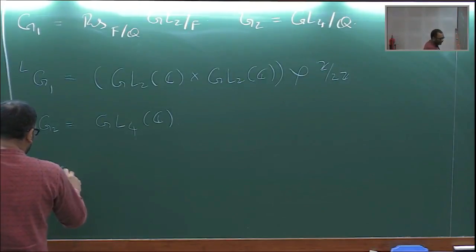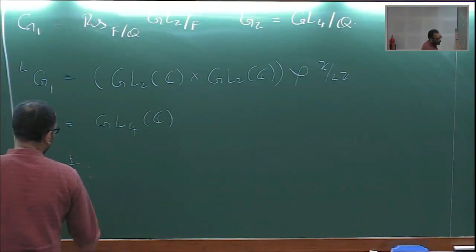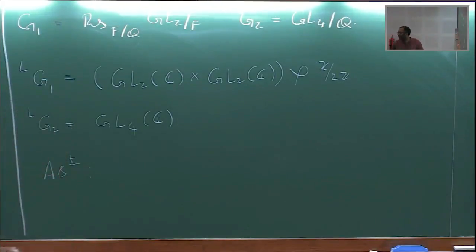The maps I'm calling Asai plus and minus. Again, as Eknath said yesterday, there are two transfers: one is the Asai plus and the other is the Asai minus.